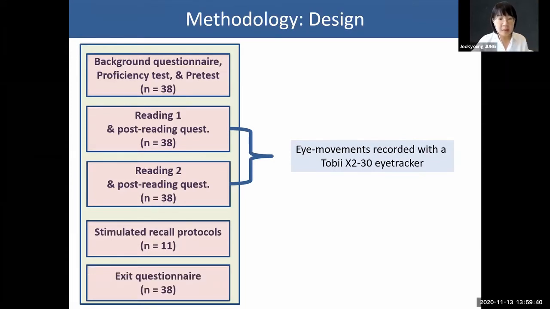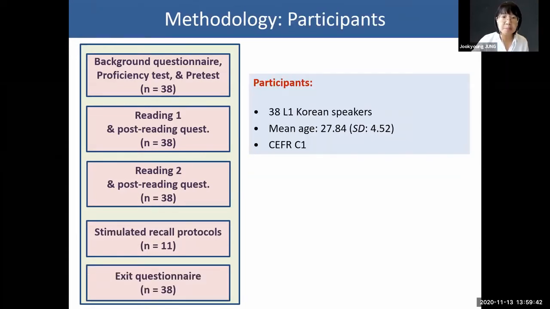And lastly, they completed an exit questionnaire. The participants of this study were 38 L1 Korean speakers. Their mean age was 27.84, and they were about early advanced to high intermediate level, and they were quite homogeneous.